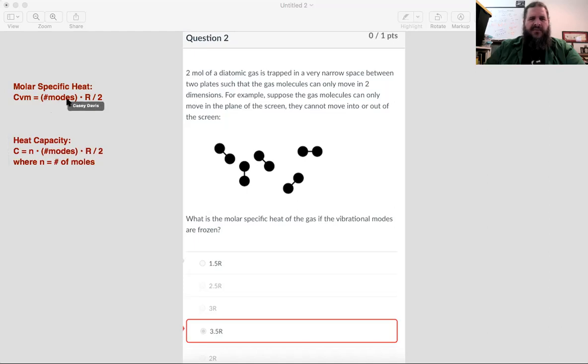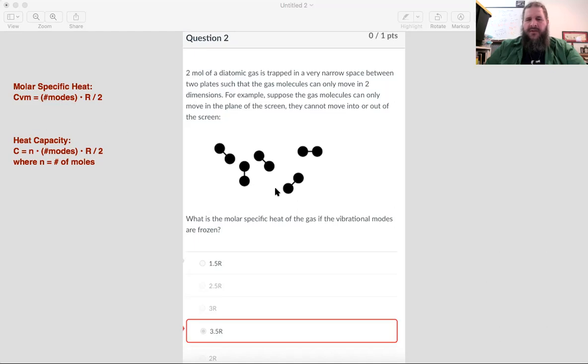Because the number of moles times R over 2 is the heat capacity of 1 mole. If you multiply by number of moles, you get the heat capacity of the whole thing. But this is specifically asking for the molar specific heat. So we're looking for the heat capacity per mole, not the heat capacity of the whole thing. Which means all we really need to do is find the number of modes.